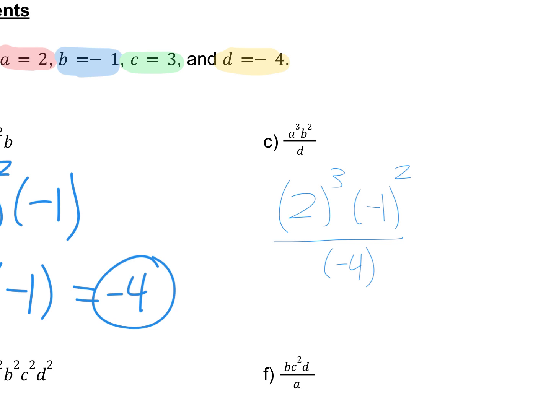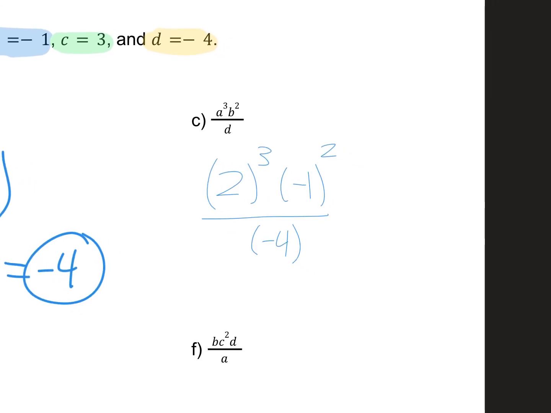Okay, we have our values substituted. Now we just need to simplify. So, one at a time, 2 to the power of 3 is 8. -1 to the power of 2, so this is taking -1 times -1. That's going to give us +1 because that's a negative times a negative.